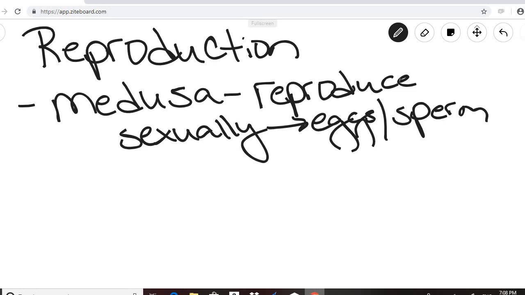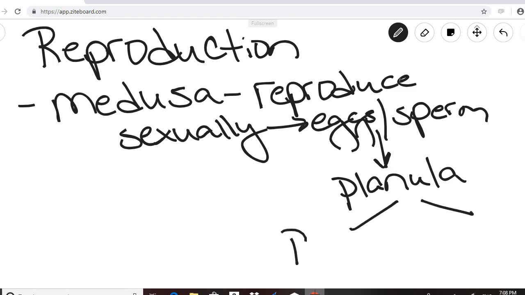When this happens, what gets formed is something called a planula, and then that planula, depending on the species, could become a polyp or it could become a medusa. And we'll look at that in a figure in just a moment. But it's sexual reproduction.